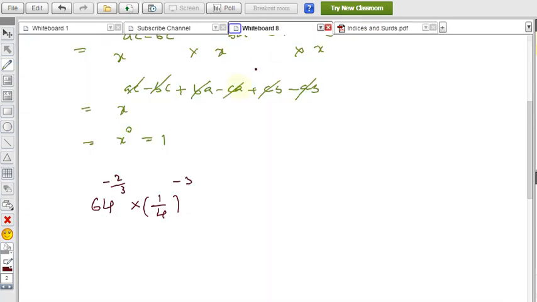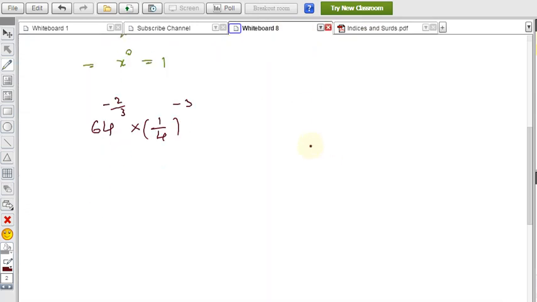Fine. So now we should make the bases the same. So here 64 and this is 1 by 4. So 64 is 4 to the power, because 4 into 4 is 16, 16 into 4 is 64. 4 power 3. 4 cube is 64.